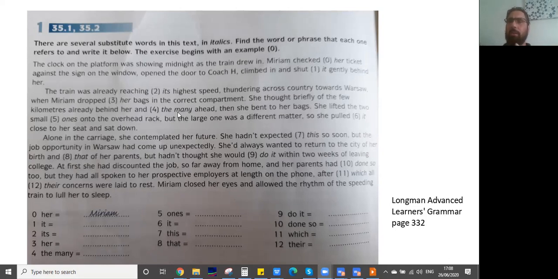I think we did some, many, others, and so on. So here we have the many ahead. Then she bent to her bags. She lifted the two small ones. Good. Bags.